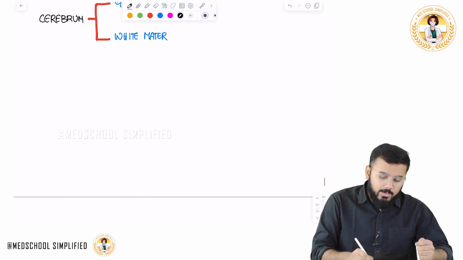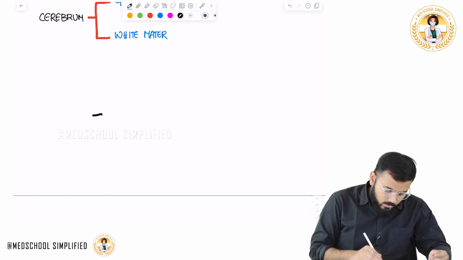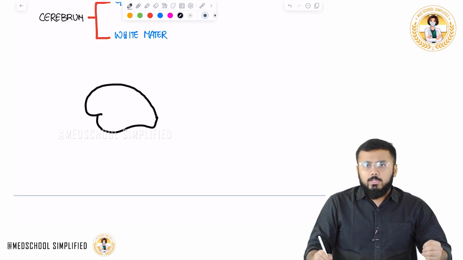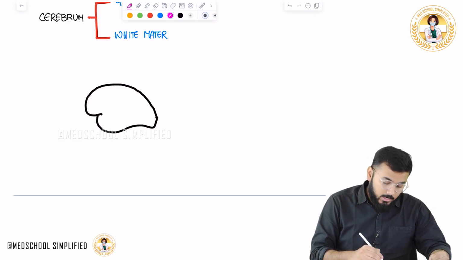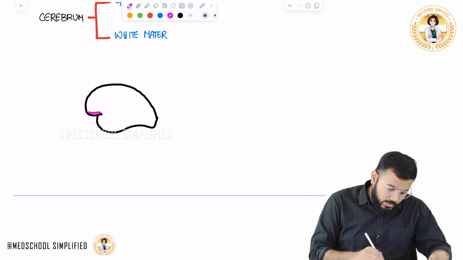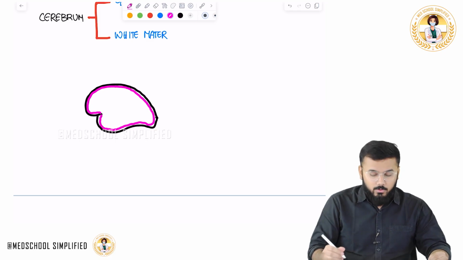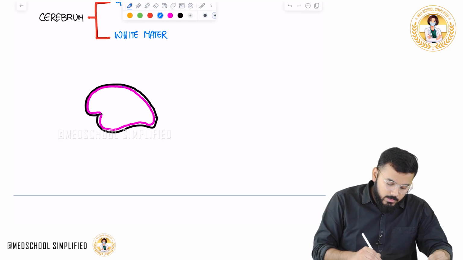So where is this gray matter located, where is this white matter located? So all of you just look at this picture. This is your cerebral hemisphere, right? Now in this cut section of cerebral hemisphere, see this outer part, whatever I'm drawing right now with the pink color line, this is your cerebral cortex. Okay, so what is this part called as?